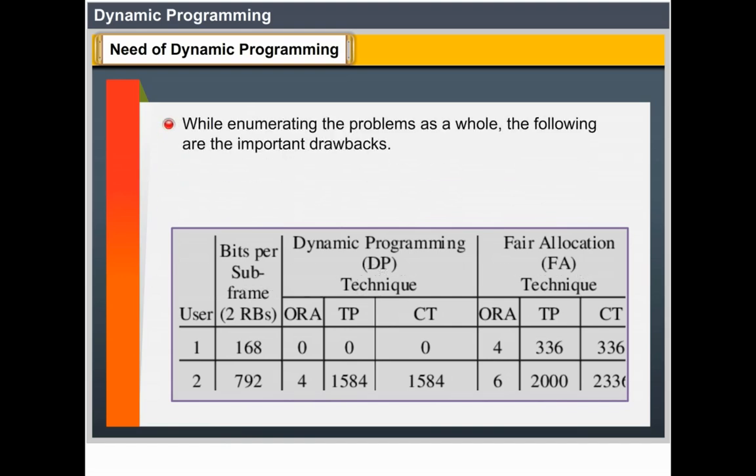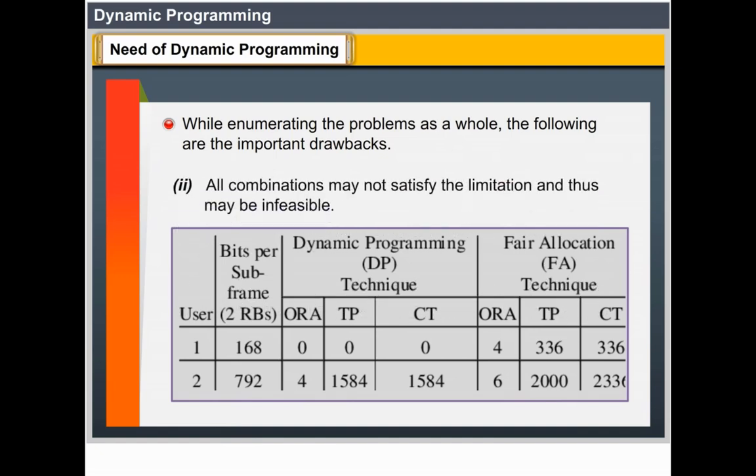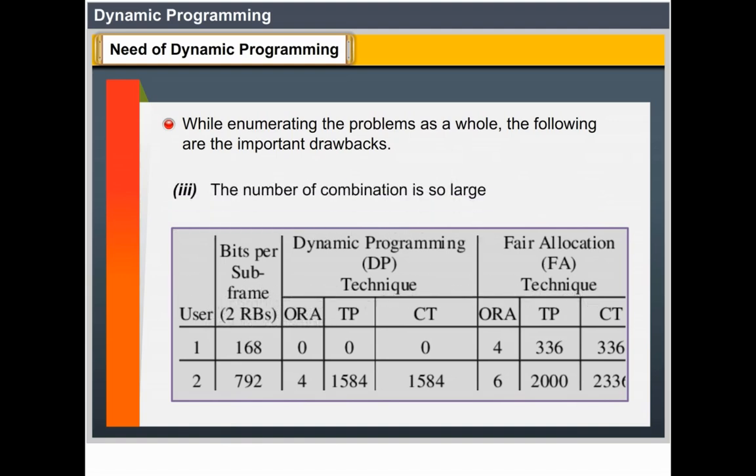While enumerating the problem as a whole, the following are the important drawbacks. 1. A lot of computational work and too much time is involved. 2. All combinations may not satisfy the limitations and thus may be infeasible. 3. The number of combinations is so large.